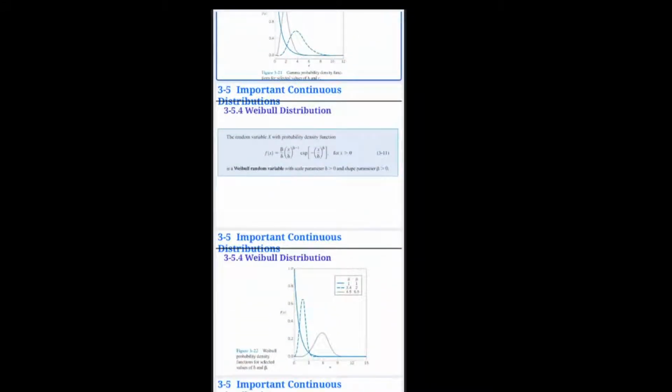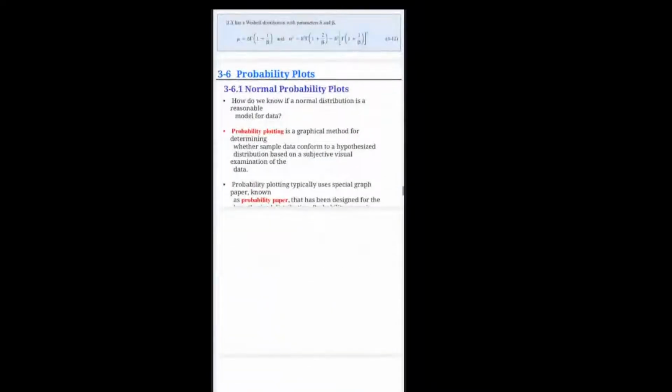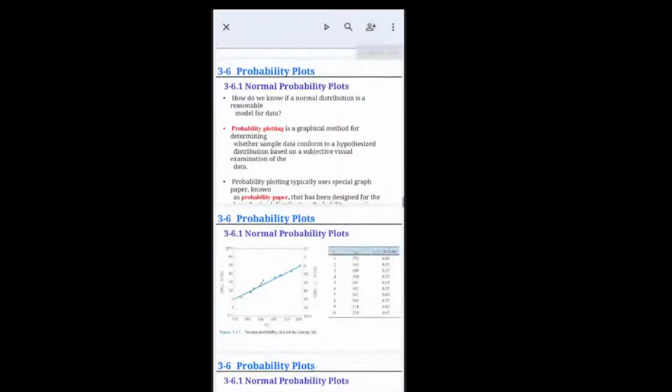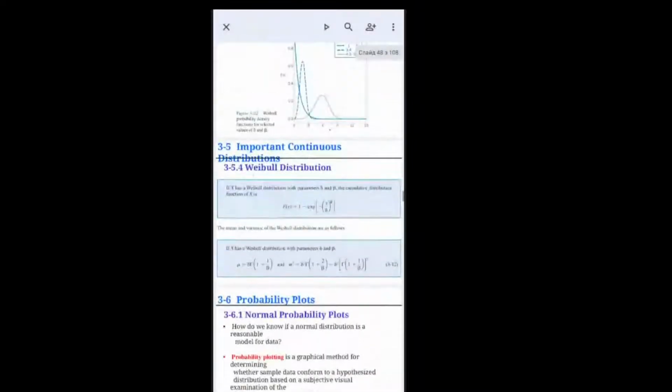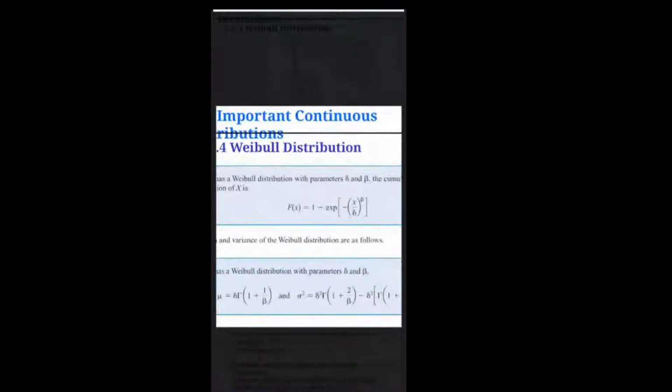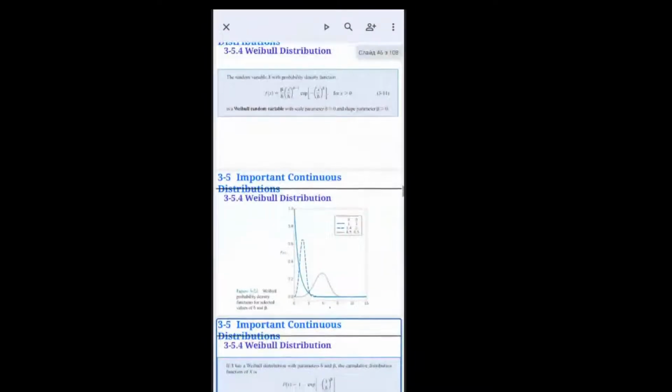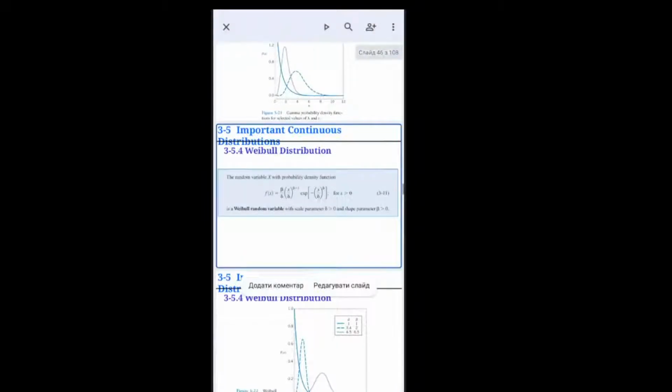Also, you can see Weibull distribution with Weibull random variable. With cumulative distribution function, but we are interested not in cumulative function, but in probability density function.